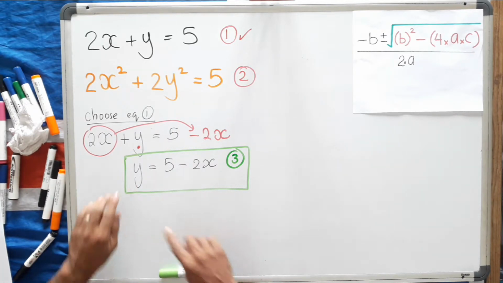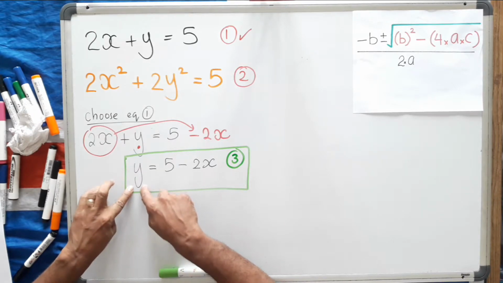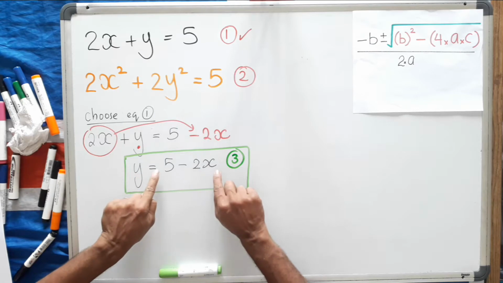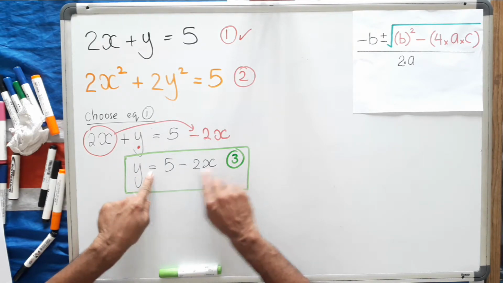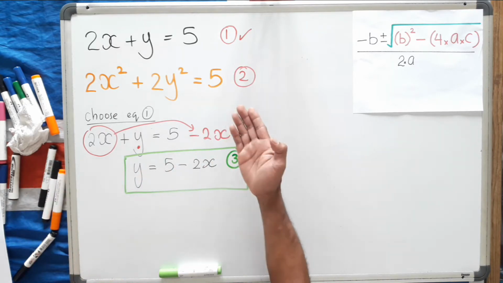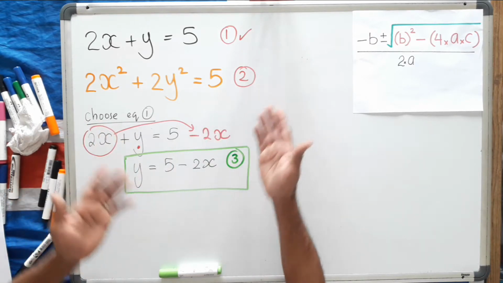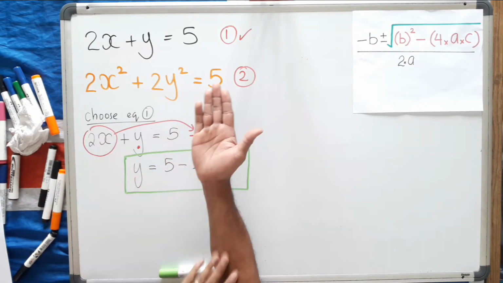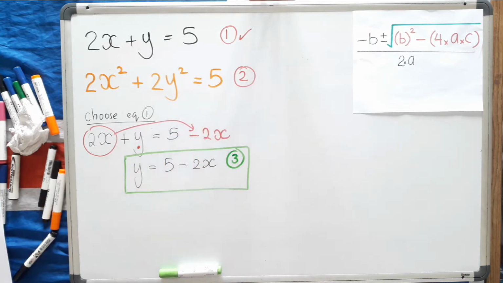This really means wherever I see a y, I have full permission to throw away the y and replace it with 5 minus 2x, because the two of them have the same equivalent value. It's like having $1 and 4.25 cents. They may look different, but they have the same value. So if you have $1 in your hand, it's perfectly okay for me to take the dollar and replace it with 4.25 cents.